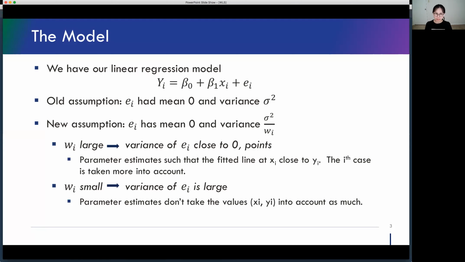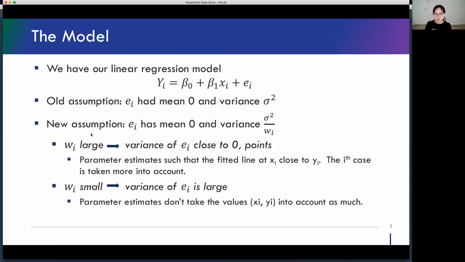So now let's look at the model. We have our classic linear regression model like this, where we have this old assumption that our errors have mean 0 and constant variance sigma squared. Now we have already identified we have the problem of non-constant variance of the error.